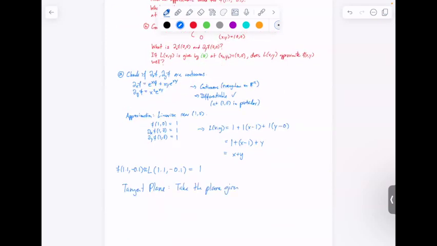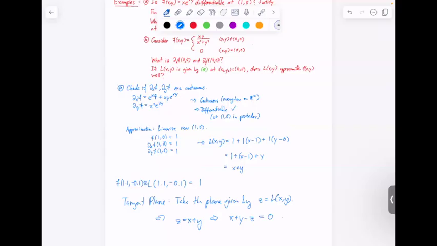So you want to take the plane given by z is equal to your linearization, which is x plus y at that point. And you could rearrange this to standard form if you want. So remember, if you're rusty on this, look at yesterday's lecture notes. The linearization for differentiable functions, that's functions with continuous partial derivatives.